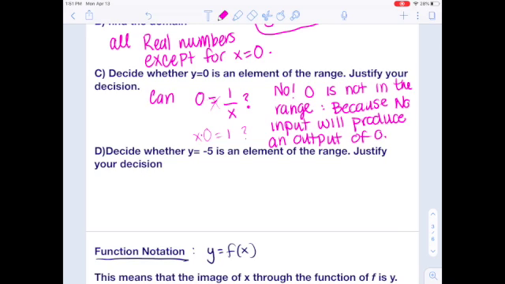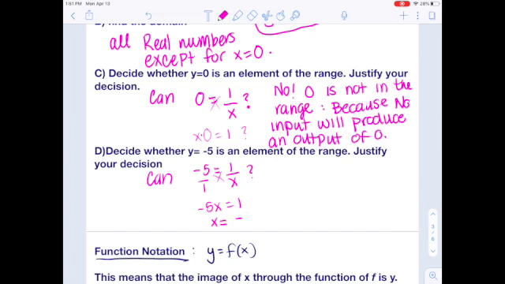In part D, we're going to decide whether y equals -5 is an element of the range and justify our decision. So similar to part C, you're going to ask yourself, can -5 equal 1 over x? And you're going to see when you cross multiply that, you can solve for an x value. You get -5x is equal to 1.